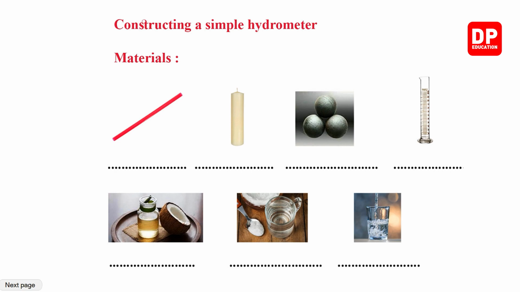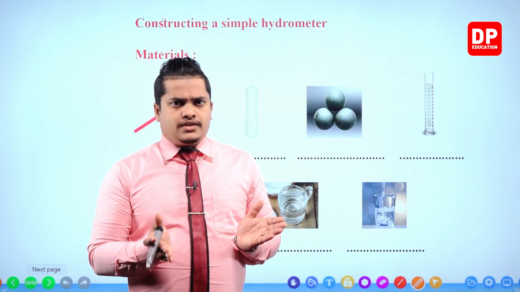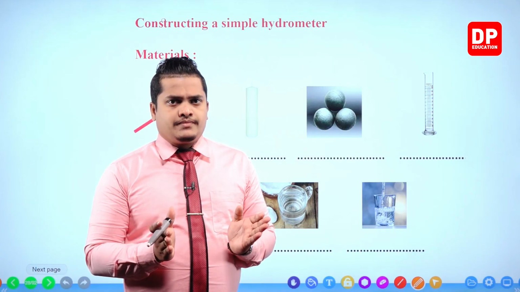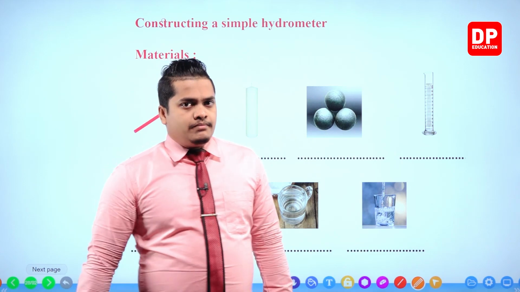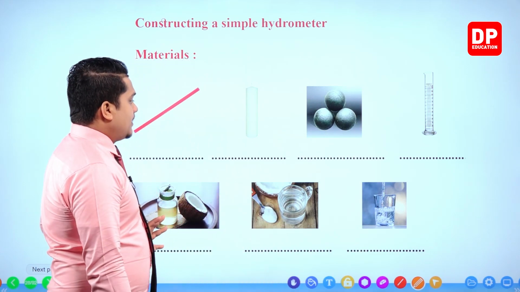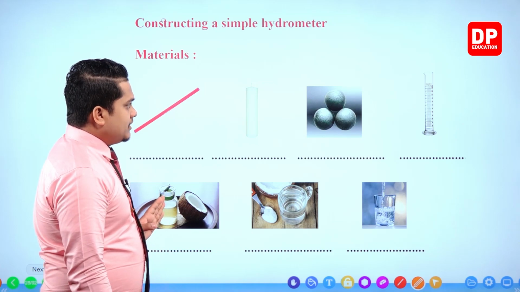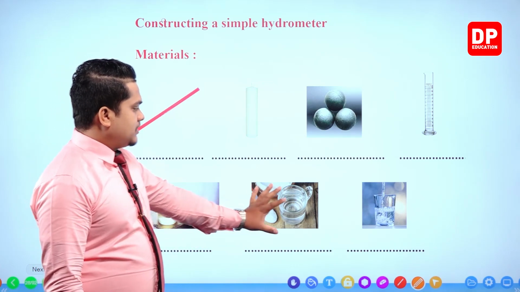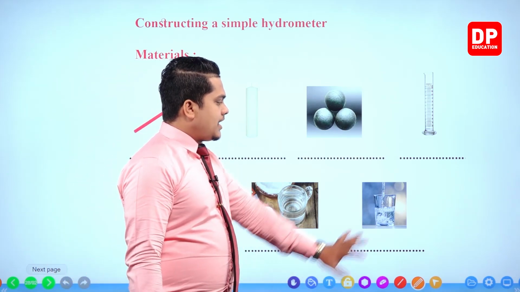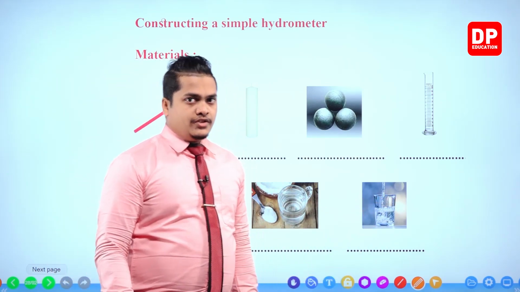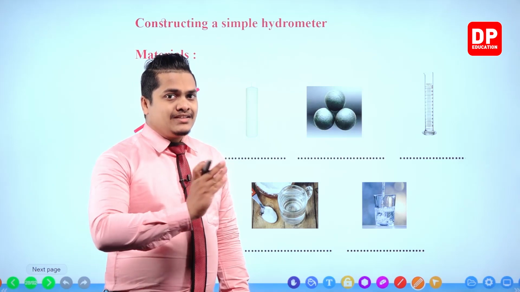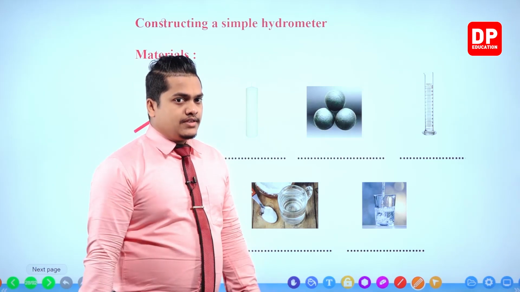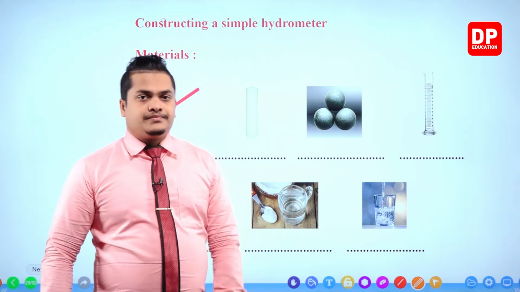By using this toy hydrometer, we can compare the density of different liquids. Mainly, we'll be using coconut oil, salt solution, and normal water. I'll be preparing this hydrometer to compare the densities of these liquids.